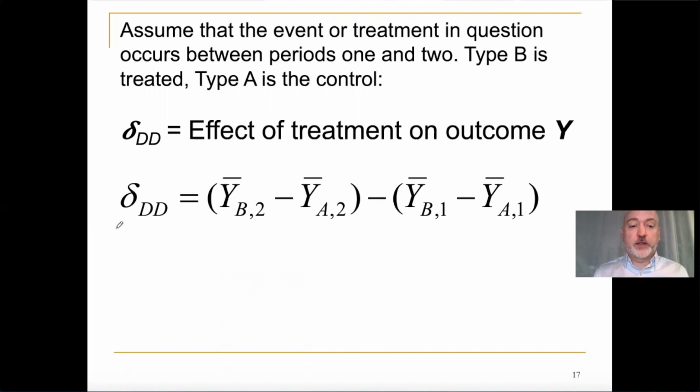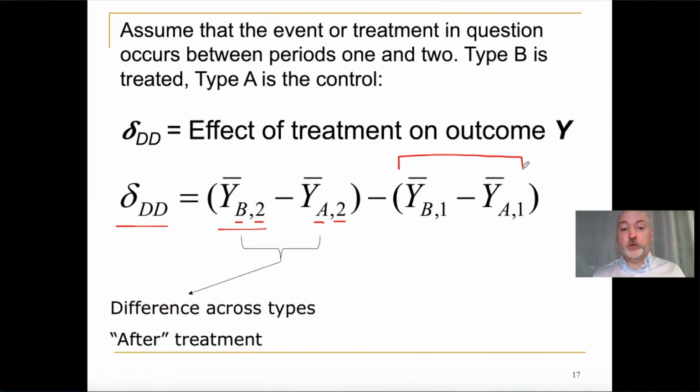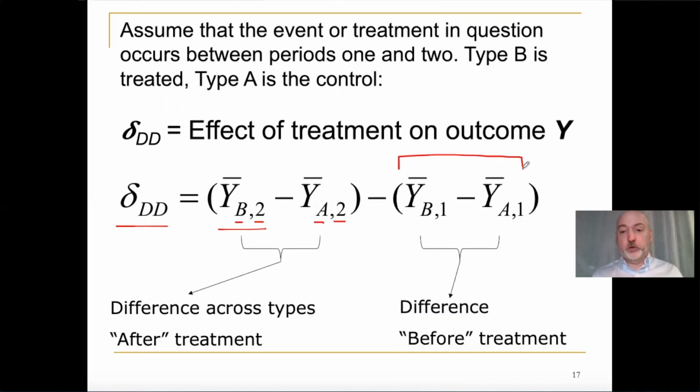So our delta DD, our treatment effect, is going to be our average outcome in period 2 for the treatment group, Y bar sub B2, relative to the post-treatment average outcome for the control group, Y bar sub A2, relative to the gap that already existed between the groups before treatment in period 1. So here is our difference across types, A versus B, control versus treated, after treatment, relative to the difference across types before treatment.